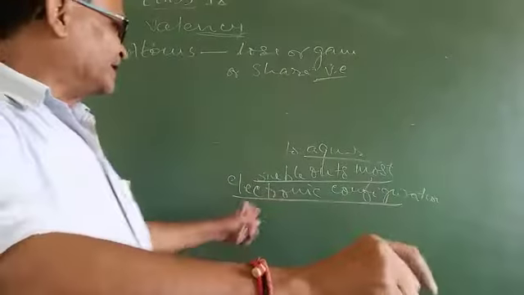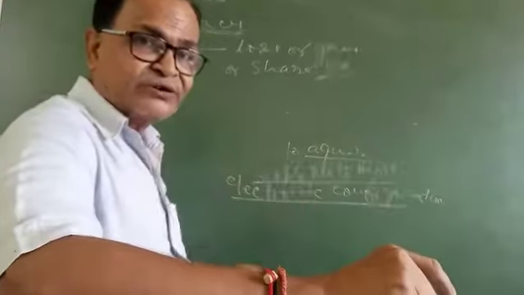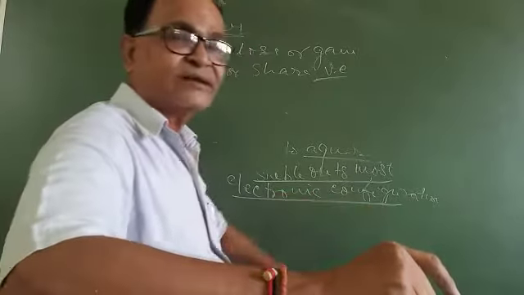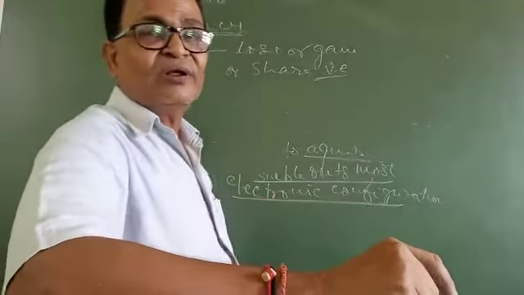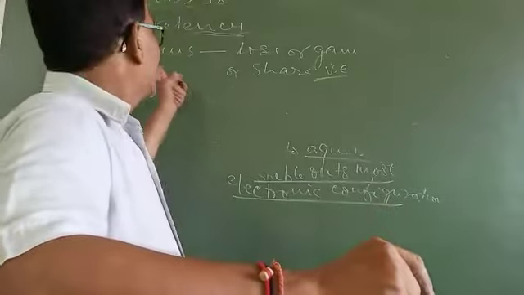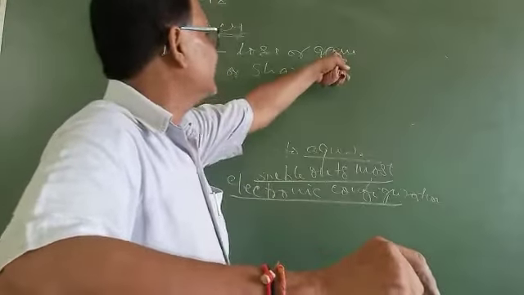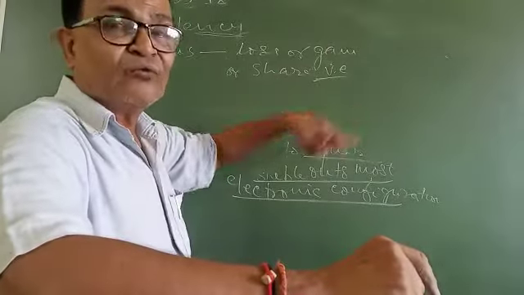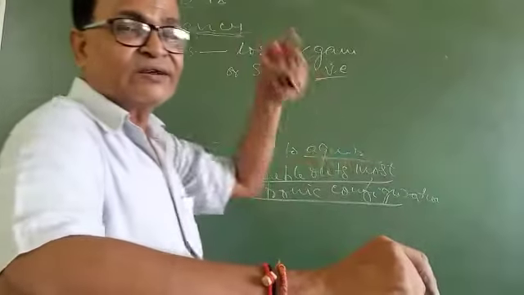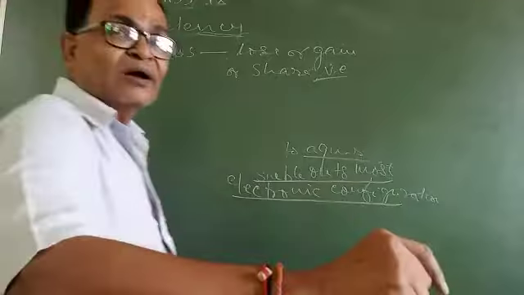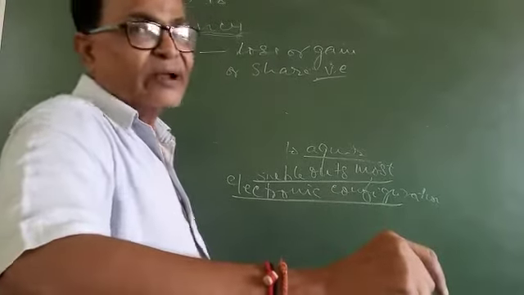In order to get stability, that is a stable electronic arrangement, atoms lose, gain or share their valence electrons with other atoms of elements.